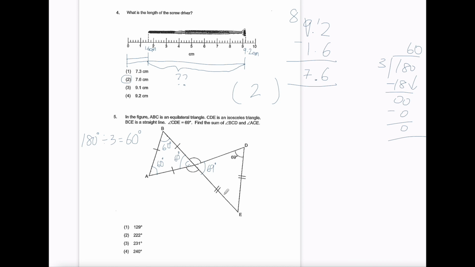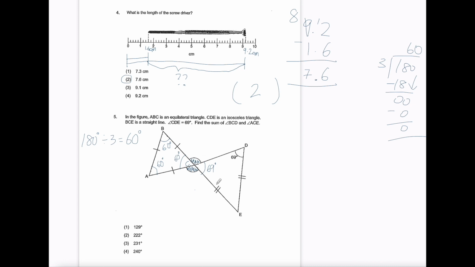BCE is a straight line. CD is 69. Find the sum of BCD, which is this one, I'm gonna shade it, and ACE. Alright, so if it's a straight line and this is angle at a point, we can easily find out what's this plus this.